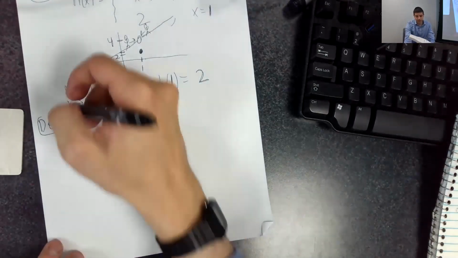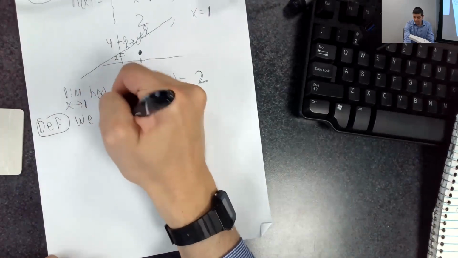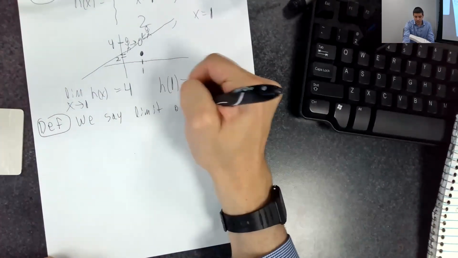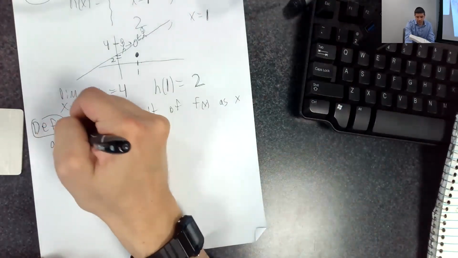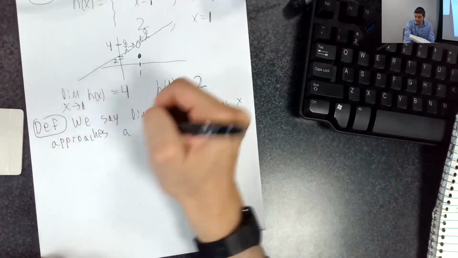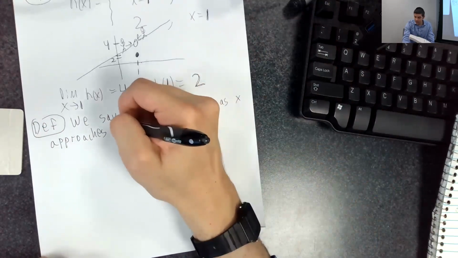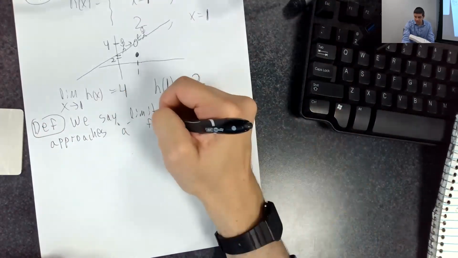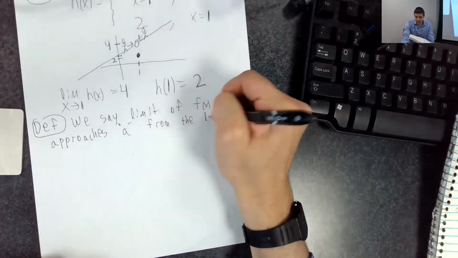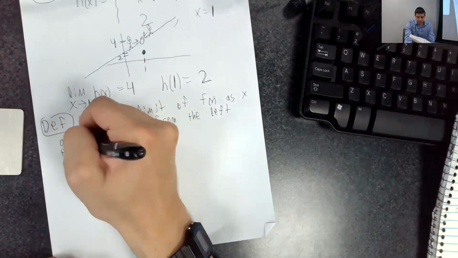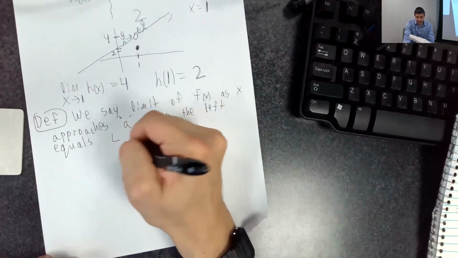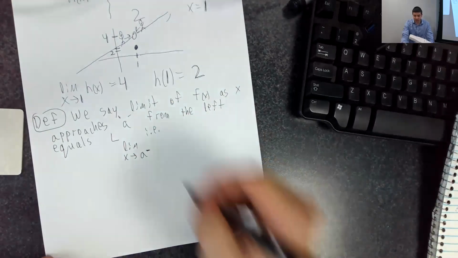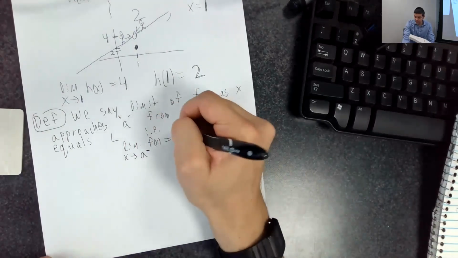So the definition is that we say the limit of f of x as x approaches a, where a is just a number, from the left equals L. The way we write it is limit as x goes to a from the left, again, it's not a minus sign, of f of x equals L.